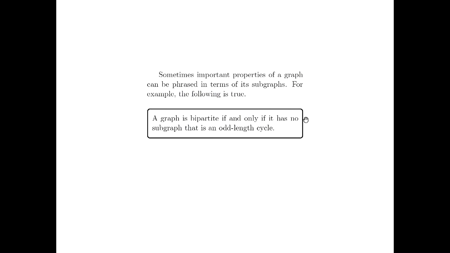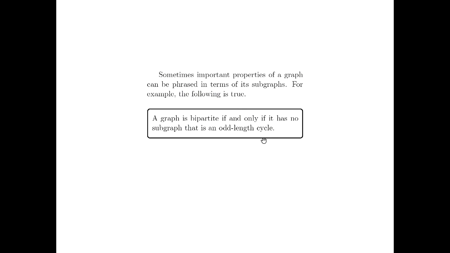It turns out that a graph is bipartite if and only if it doesn't contain odd cycles, right? Doesn't contain any odd cycle, or has no subgraph which is a cycle with any odd length. I'm going to come back and give you a lightning proof of that in a minute or two.